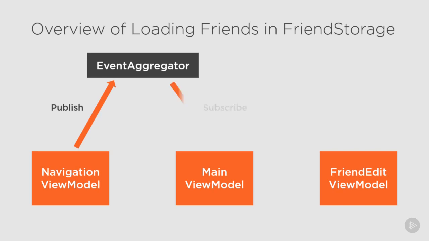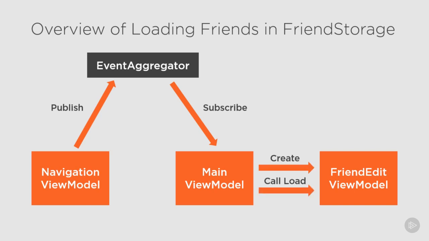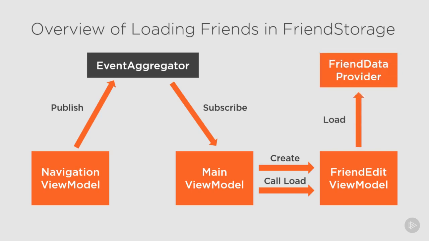The main viewModel subscribes to that event, and it will get the friend ID of the clicked friend. The main viewModel will create a new friend edit viewModel, and it will call the load method on that friend edit viewModel with the friend ID. The friend edit viewModel itself will call the load method of a friend data provider to get the friend instance by ID. So that's the full plan.